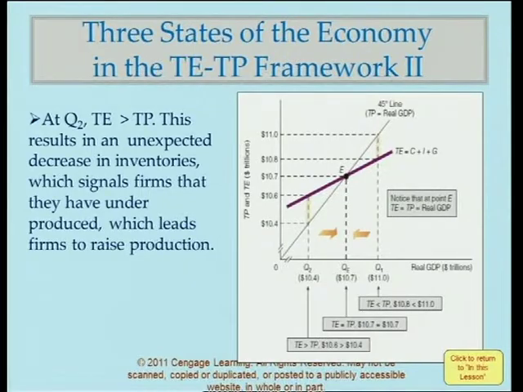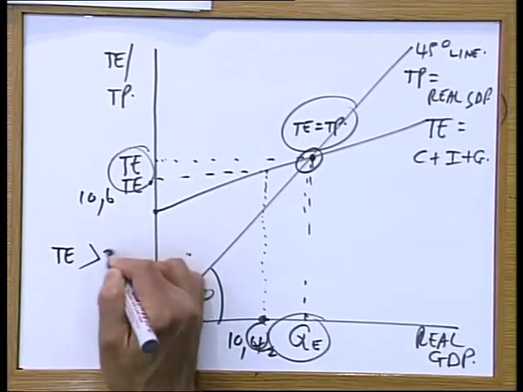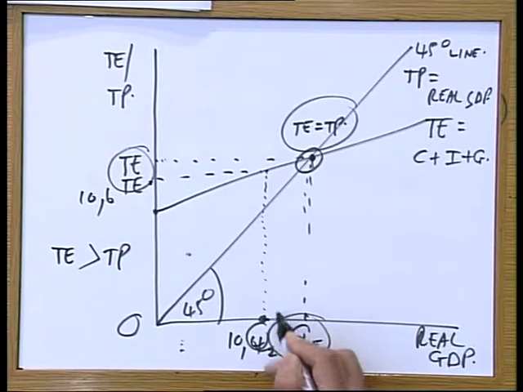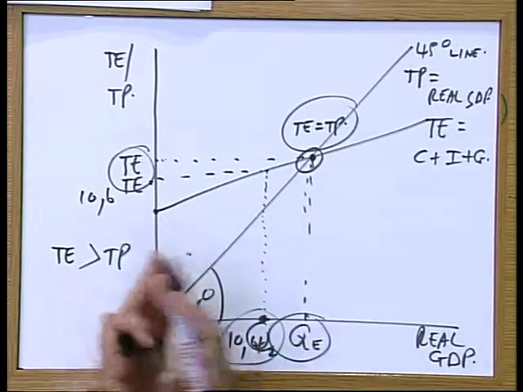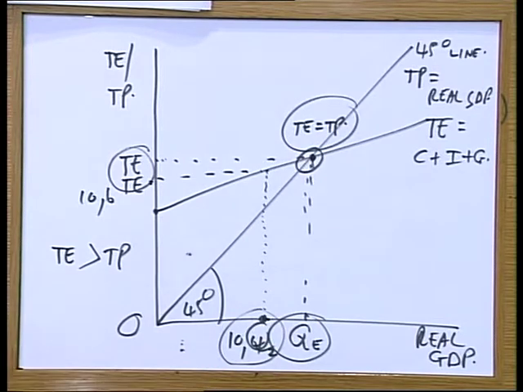So it means that total expenditure is greater than total production at Q2. Now, if that is the case, then the economy is in disequilibrium. There is greater spending than production of goods and services in the economy.